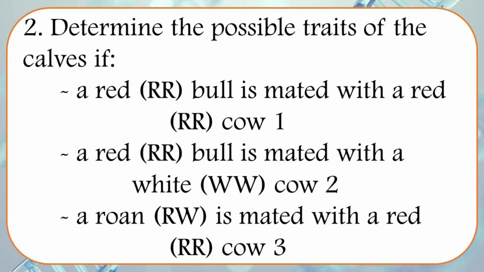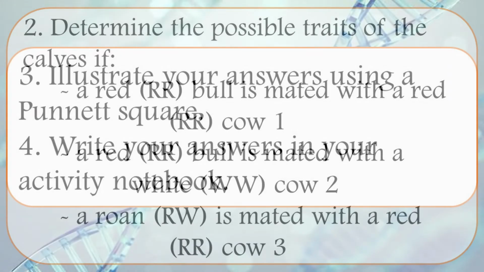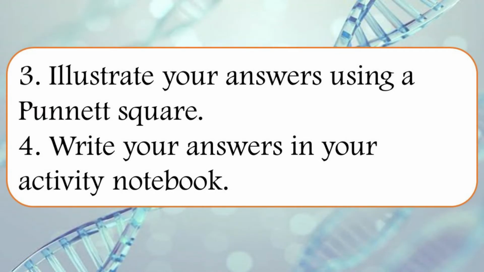A red RR bull is mated with a white WW cow 2. A roan RW is mated with a red RR cow 3. Number 3. Illustrate your answers using a Punnett square. Number 4. Write your answers in your activity notebook, and your science teacher will collect all your answers.